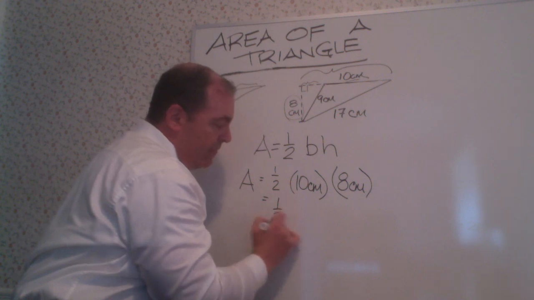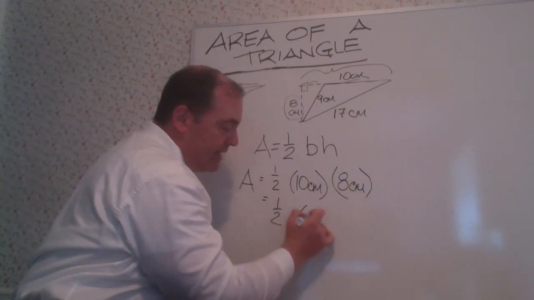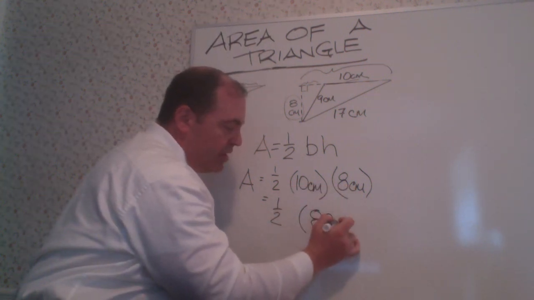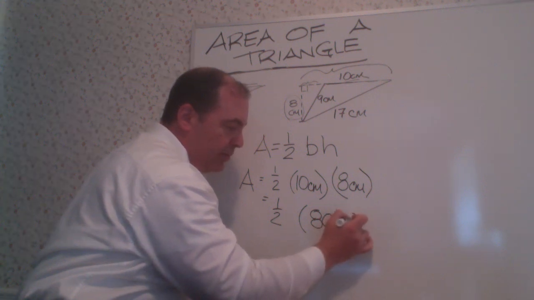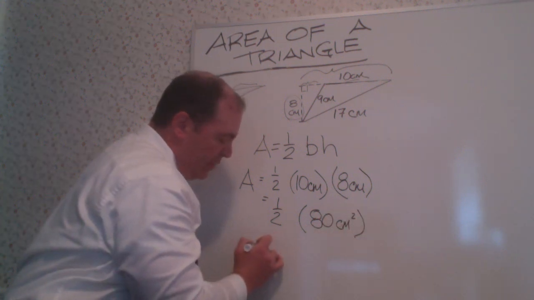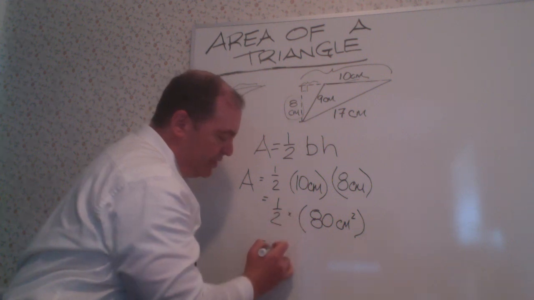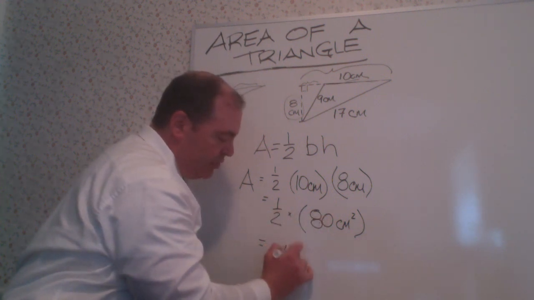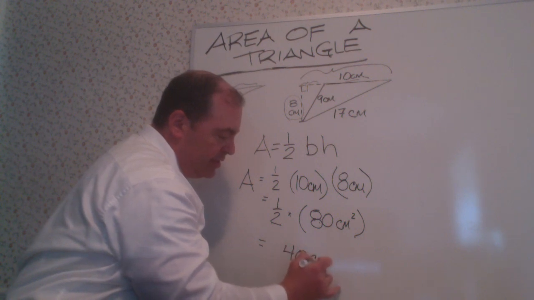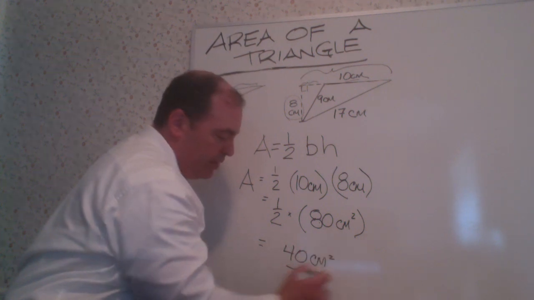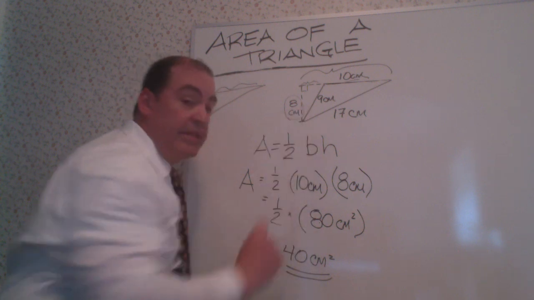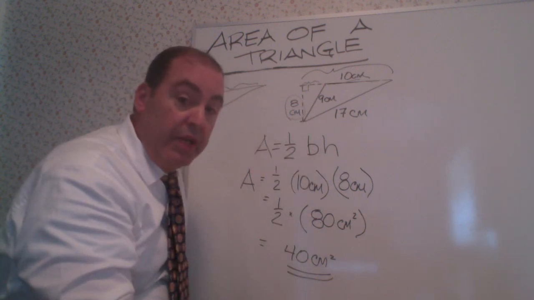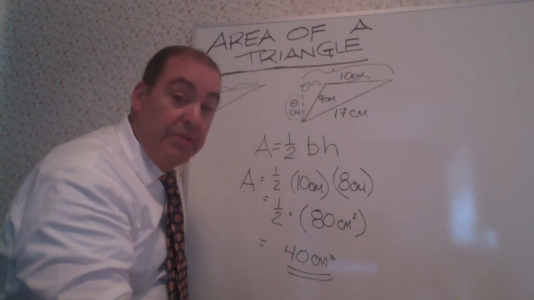So 1/2, 10 times 8 is 80, and what's the unit of measurement? Centimeters squared. Okay, and then we could just reduce this, multiply this. 80 times 1/2, or 80 divided by 2, is 40 centimeters squared. And that's how you calculate area of a triangle for different types of examples.